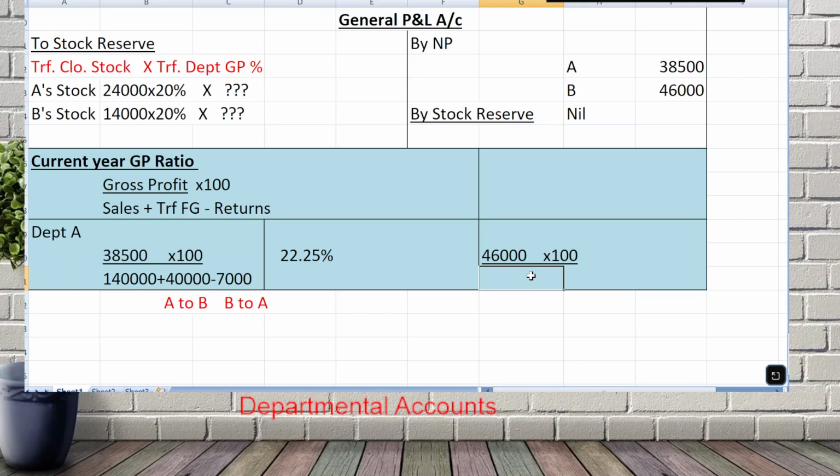Look at the sales of B. 12,000 plus B to A, how much? 30 minus A to B, this into 100. How much percentage? 33 point.